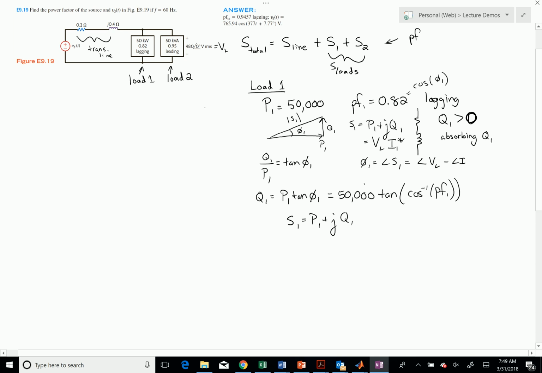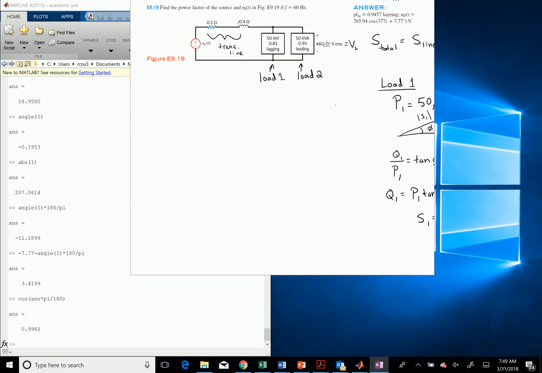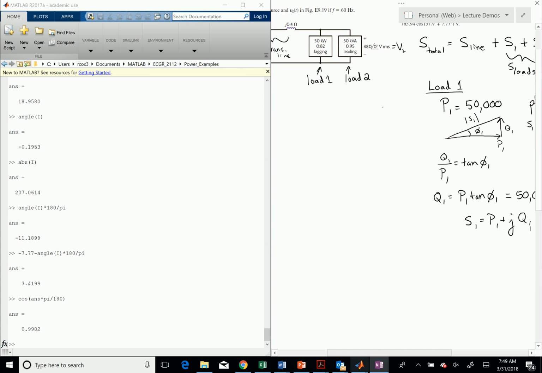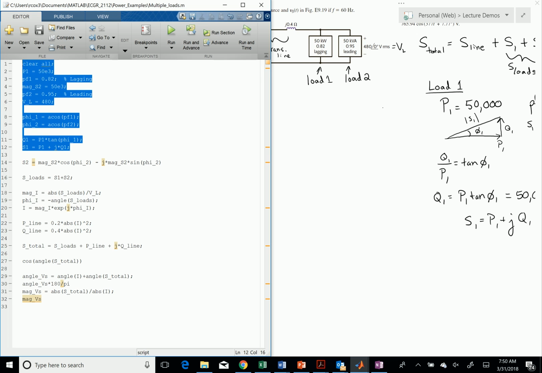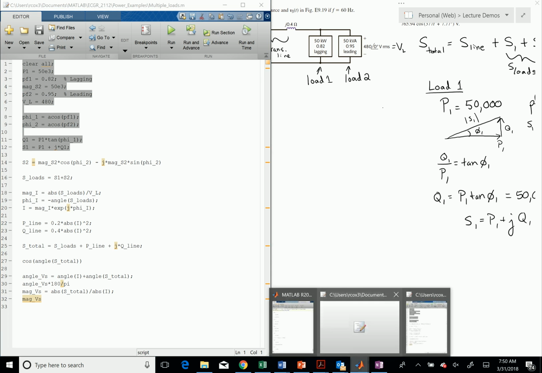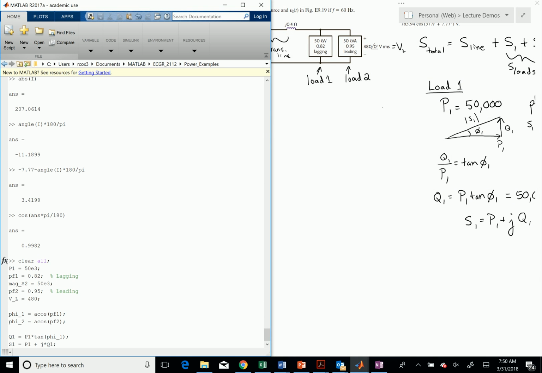To solve all of this problem, I wrote a MATLAB script. I define everything here, and I define things about both loads here. We can see real quick what I did. I said phi 1 is acos of power factor 1, where acos is the inverse cosine or arc cosine.